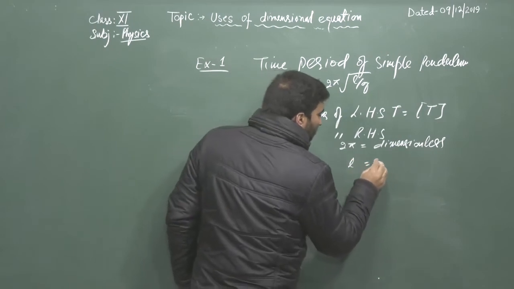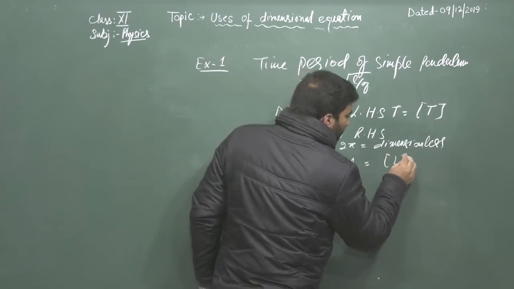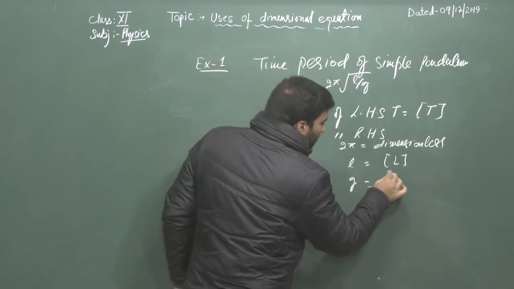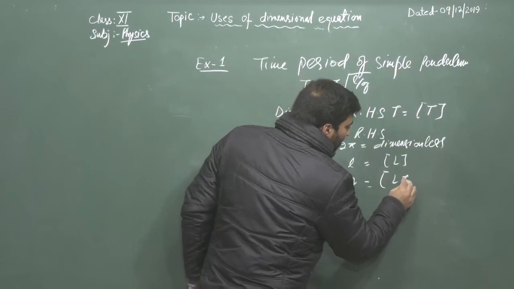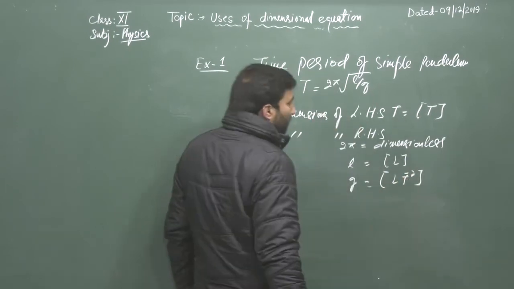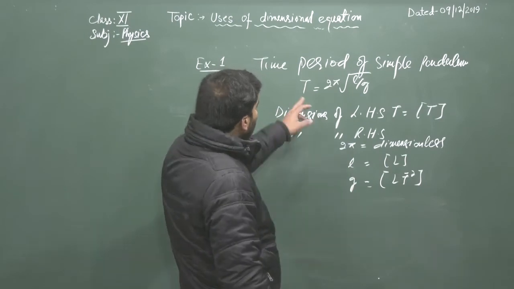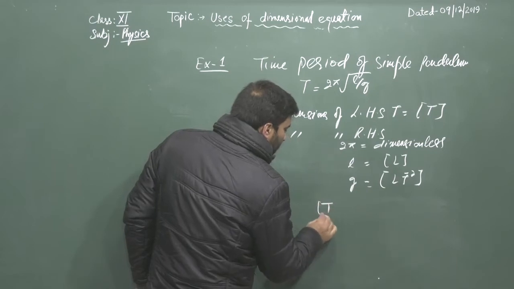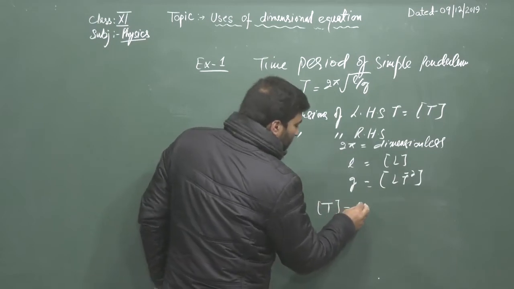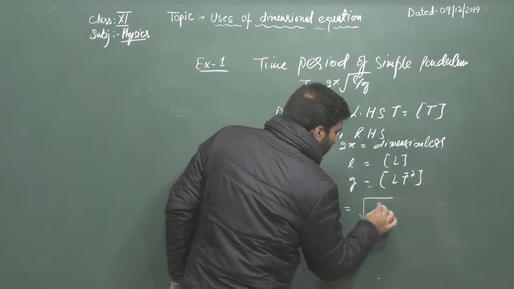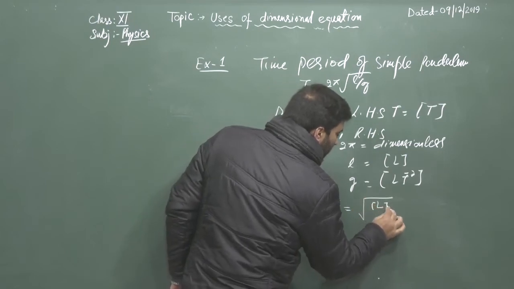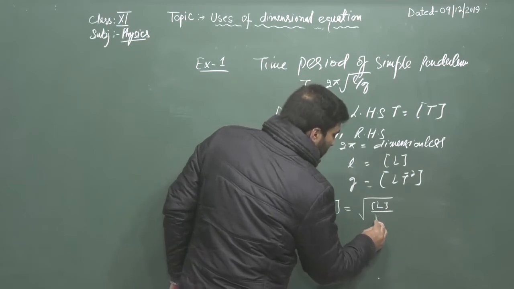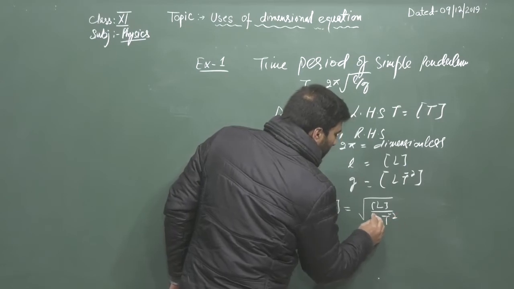Dimensions of L is [L], and dimensions of g is [L T^-2]. So in this equation we have T equals under root of L divided by L T^-2.